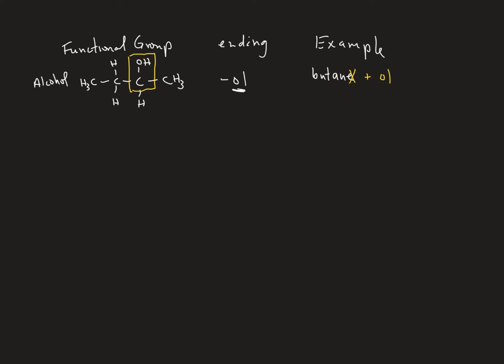And again, we want it to have the lowest number possible. So I'm going to count from the right. 1, 2, 3, and 4. So putting that together, butan-2-ol. A 4-carbon chain. On the second carbon, I have my alcohol functional group.